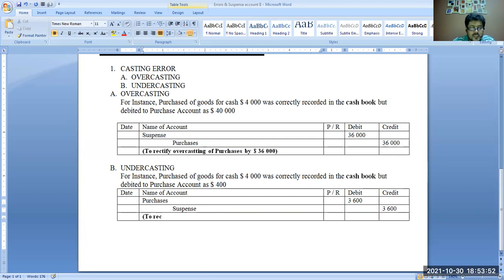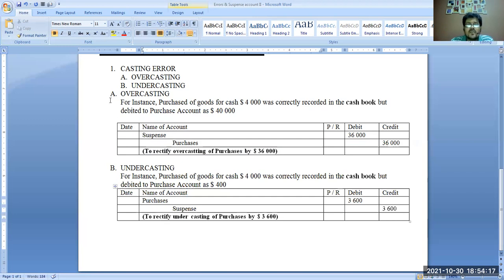To rectify undercasting of purchases by $3,000. Getting my point clear?